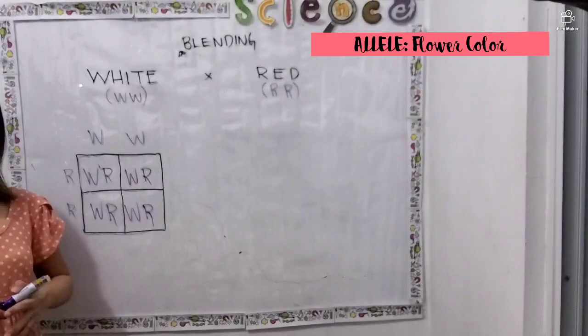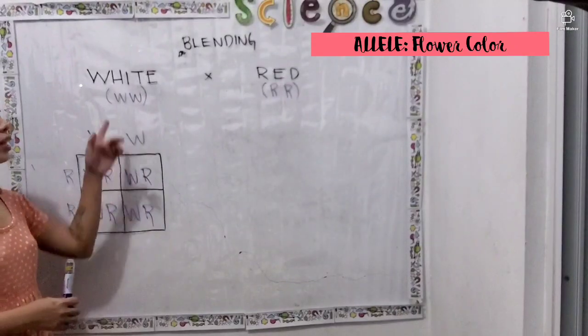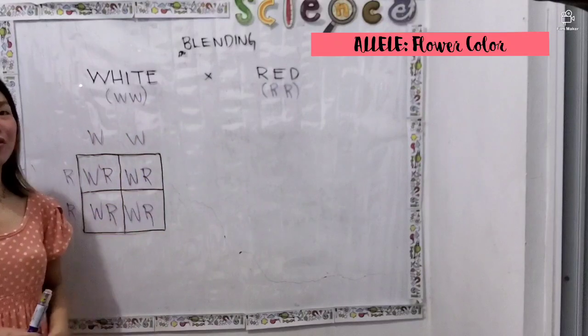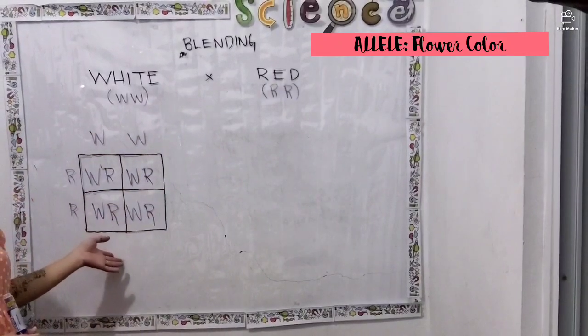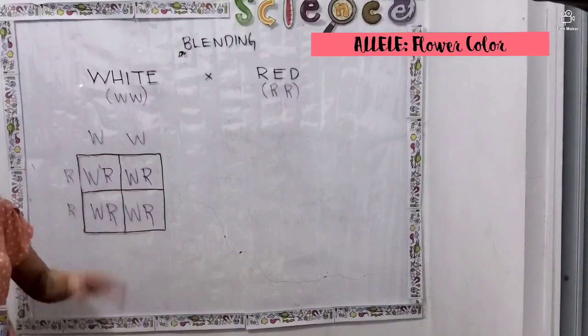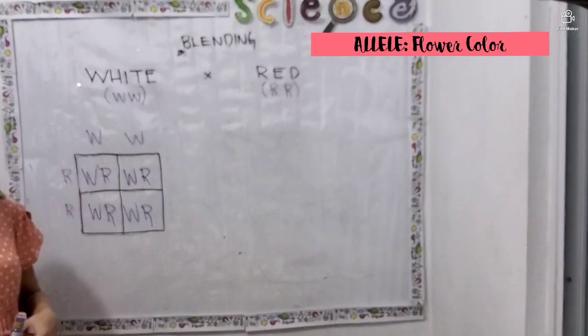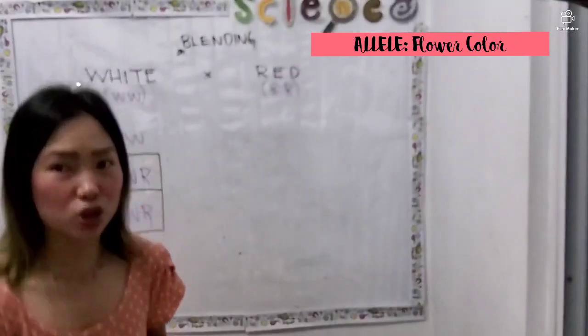So that is now our Punnett square with the white and the red flower. So after that we have the Punnett square, immediately we are to identify the genotype and the phenotypic ratio.